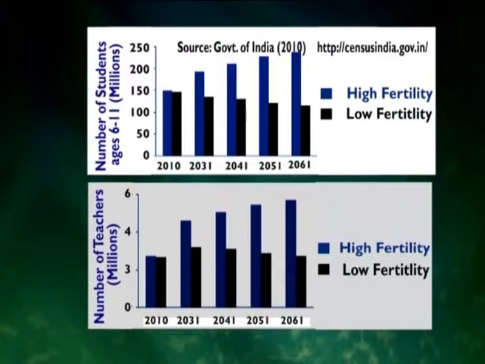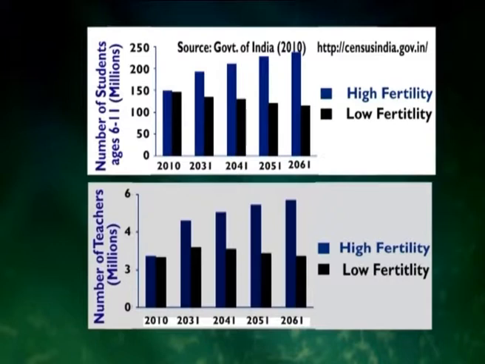The figure shows that in high fertility scenario, the number of primary students is expected to increase from 150 million in 2010 to about 225 million in 2061, and the requirement of primary teachers in this scenario is also likely to rise from about 2.6 million in 2010 to 5.7 million in 2060.